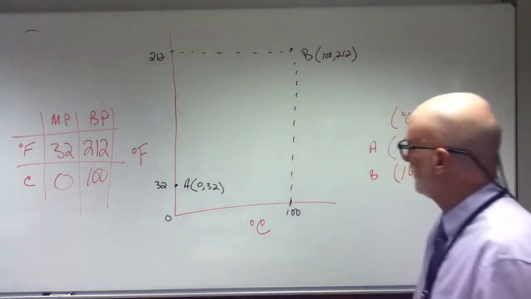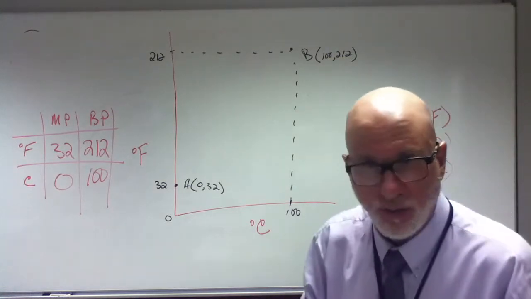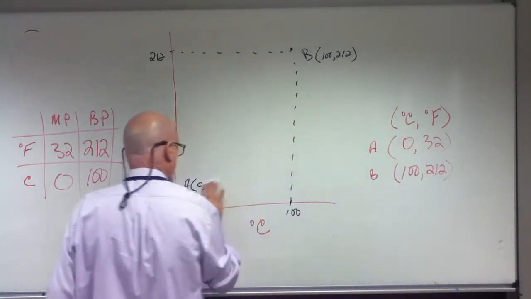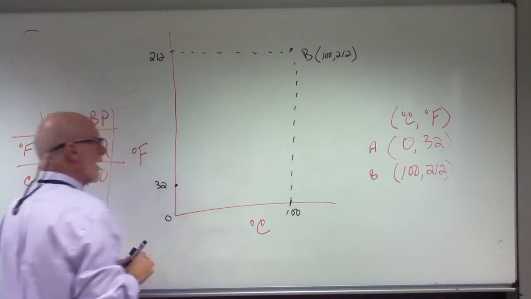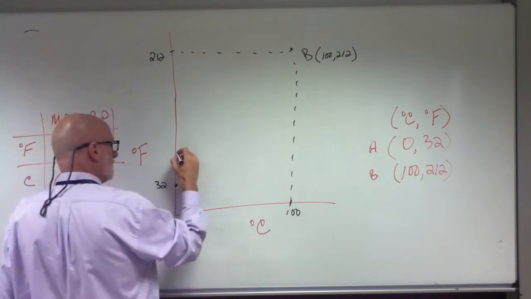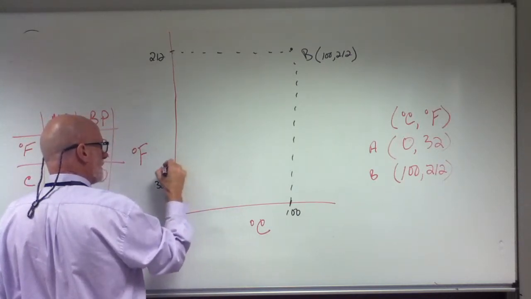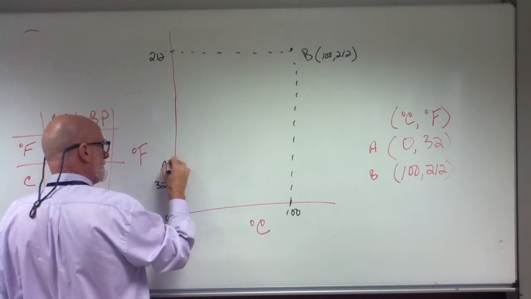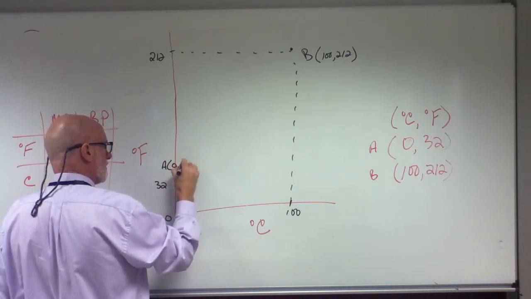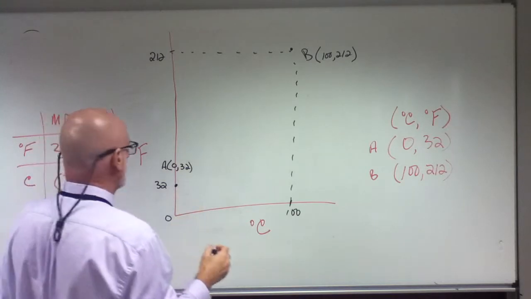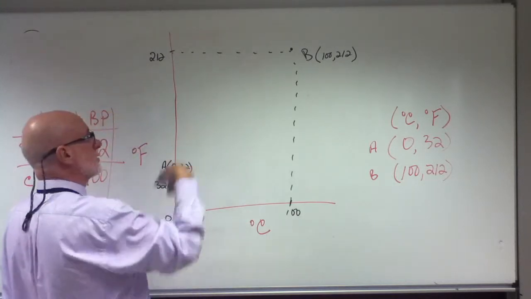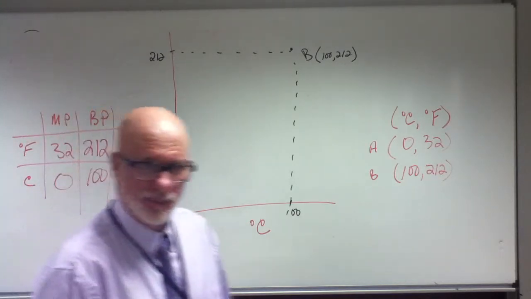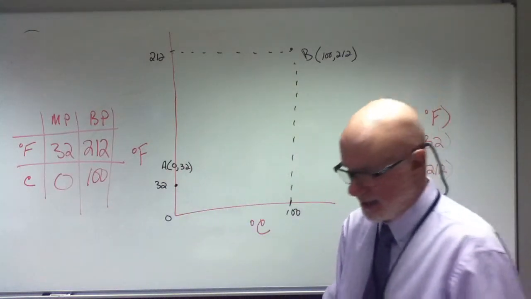Now, just so we get this out of the way, we'll put this up here. We'll say A is going to be 0, 32. Is that out of the way? Close enough. So now you've got to draw your line.